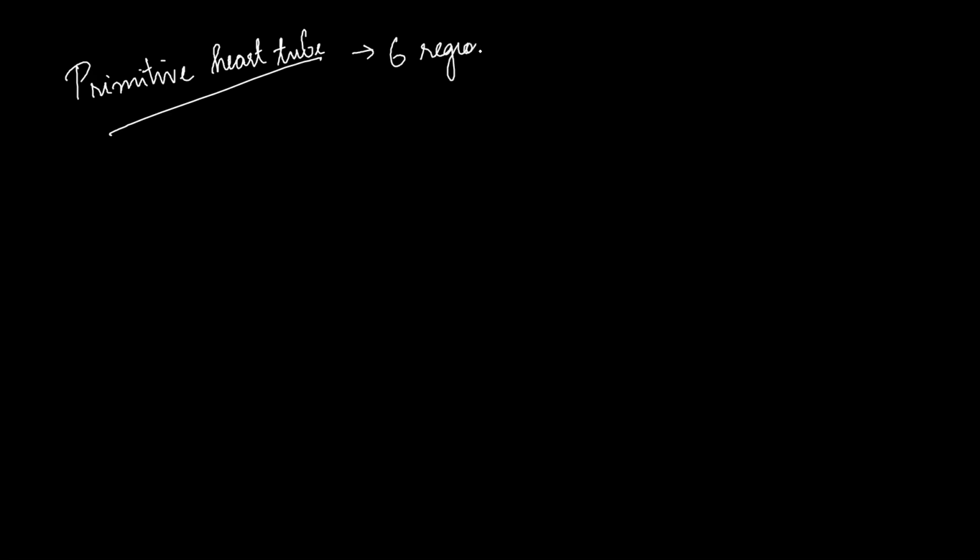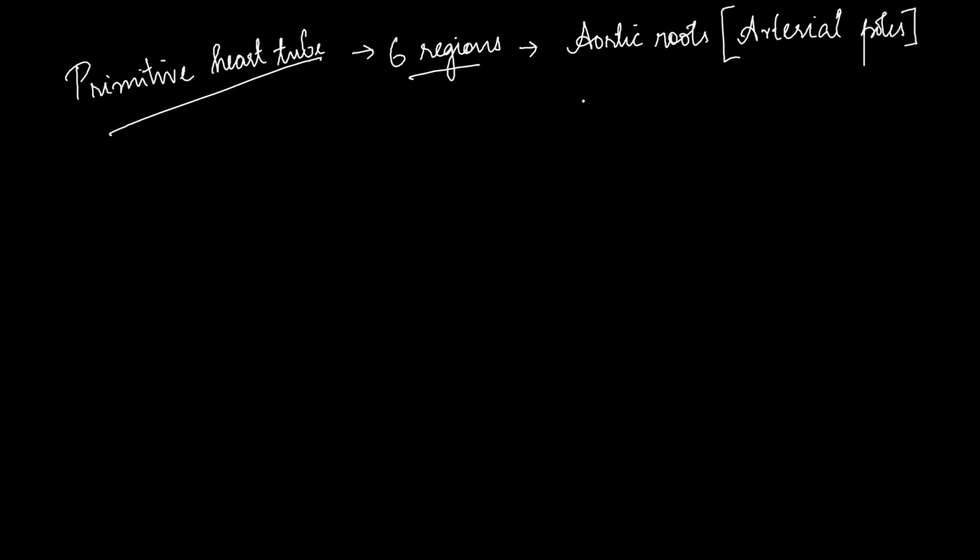Remember, there are 6 regions for the primitive heart tube. The first one is aortic roots, otherwise we can call it arterial pole. Second one is truncus arteriosus.